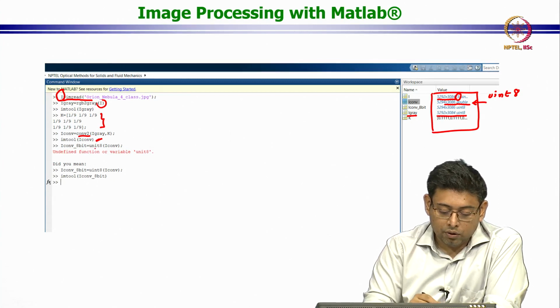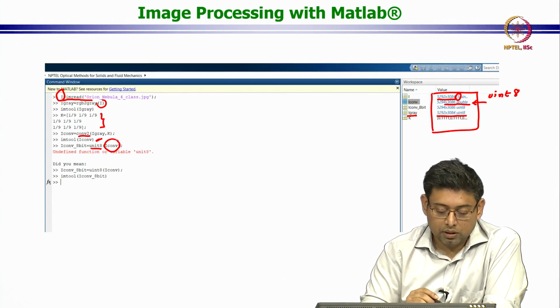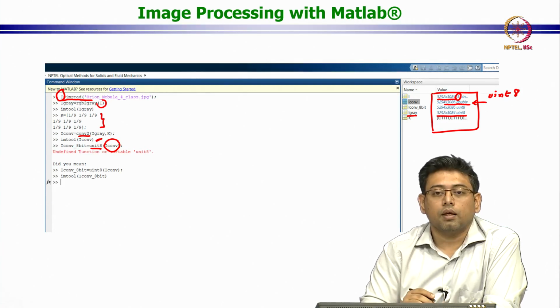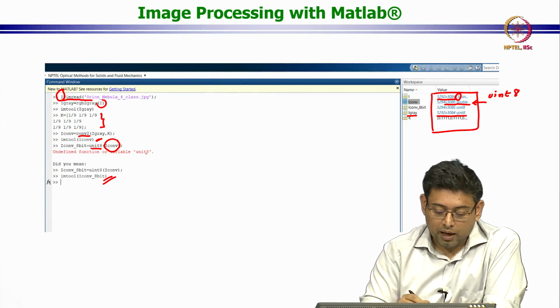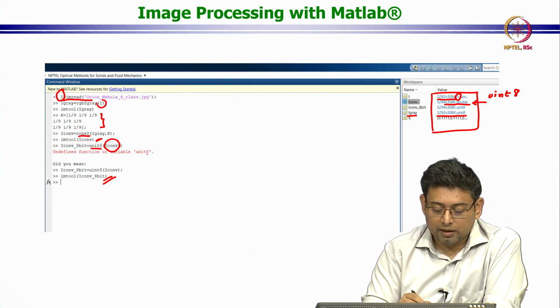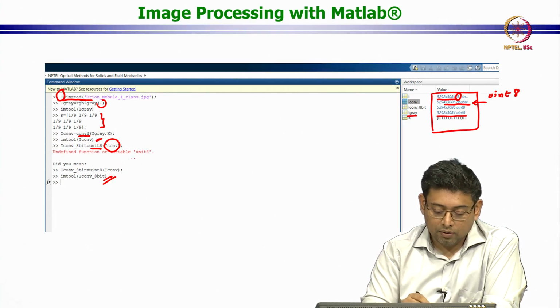So here I use the command uint8 to force this matrix, which is the convolution of the two matrices I gray and K, to become an 8-bit matrix. Actually here I made a mistake of writing unit8 instead of uint8. This mistake was detected, so I defined it here properly.